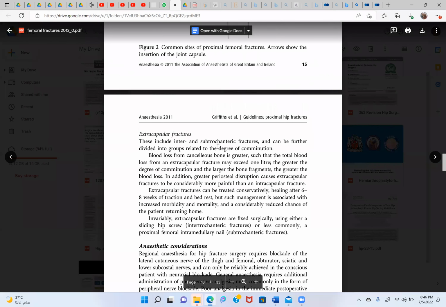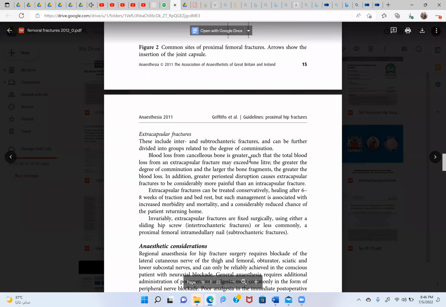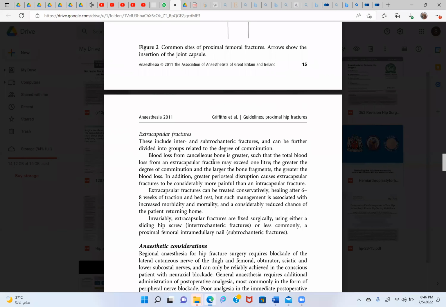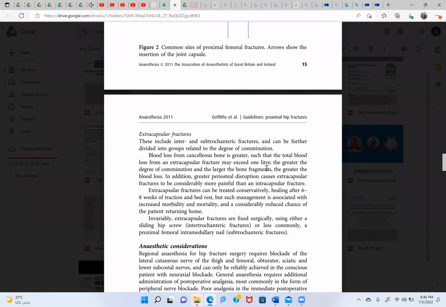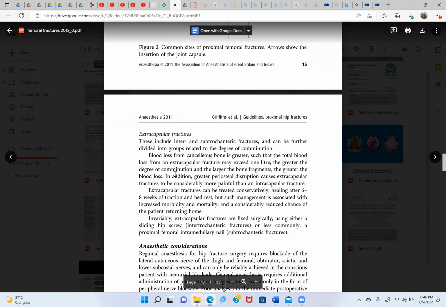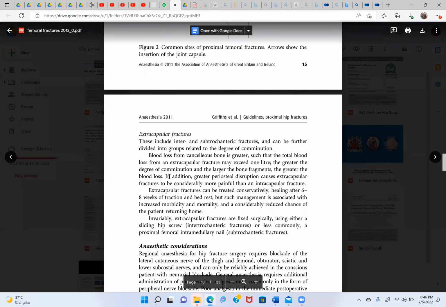These include intertrochanteric and subtrochanteric fractures and can be further divided into groups related to degree of comminution. Blood loss from cancellous bone is greater, such that the total blood loss from an extracapsular fracture may exceed 1 liter. The greater the degree of comminution, the larger the bone fragments, the greater the blood loss.